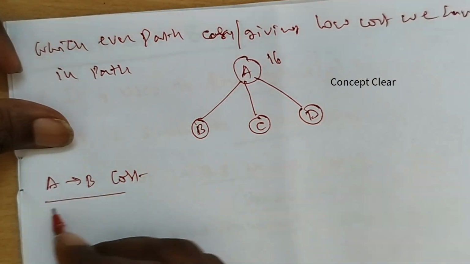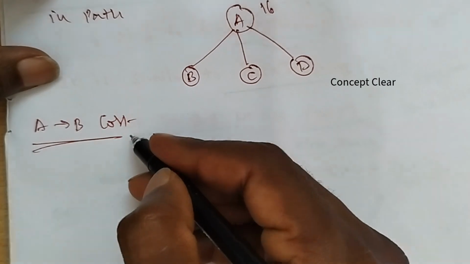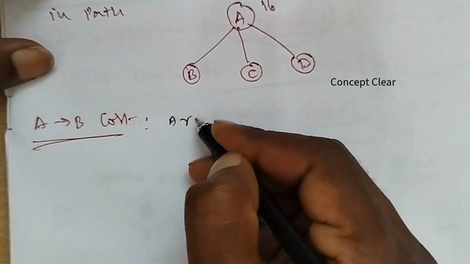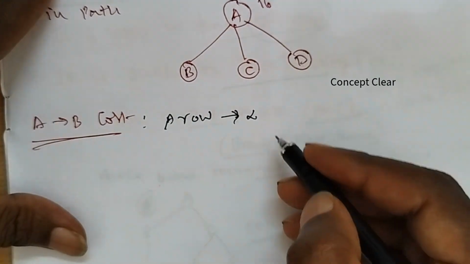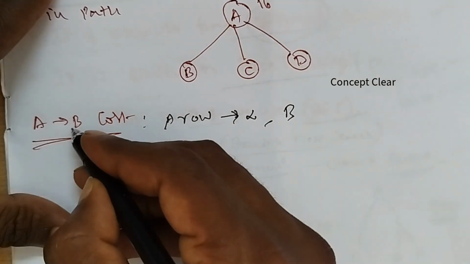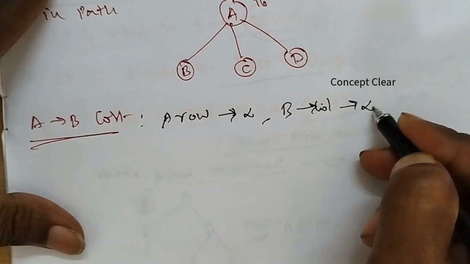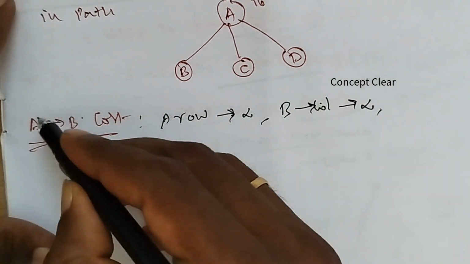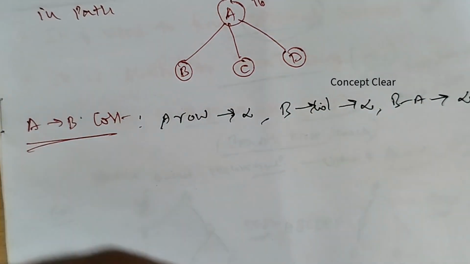When you are finding A to B cost, the complete A row is infinity, and what about the column? The B column is infinity, and the B to A path is also infinity.